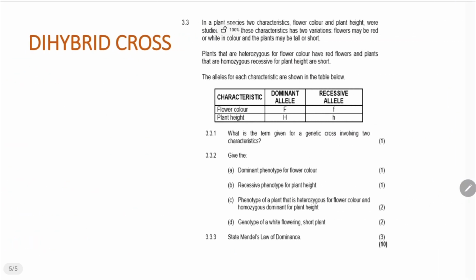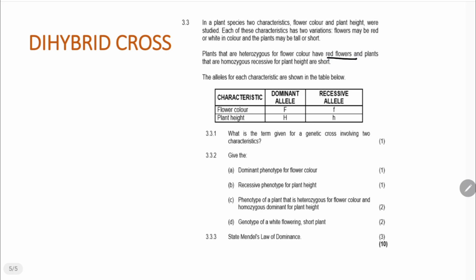Next. It says that in a plant species, 2 characteristics, flower color and plant height, were studied. Each of these characteristics has 2 variations. Flowers may be red or white in color, and the plants may be tall or short. Plants that are heterozygous for flower color have got red flowers. Now, this is very important information, right?